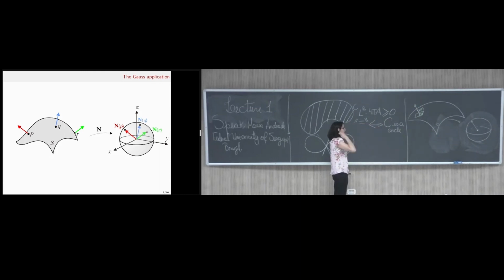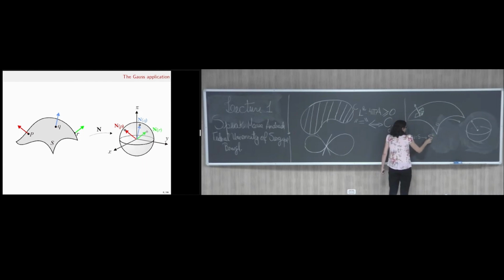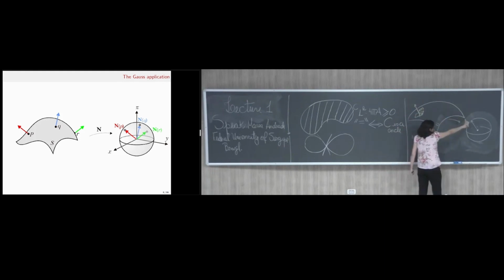Why is this application very important? Because you have the application that goes from the surface to the sphere, and if you translate this, of course the tangent plane here is parallel to the tangent plane here.